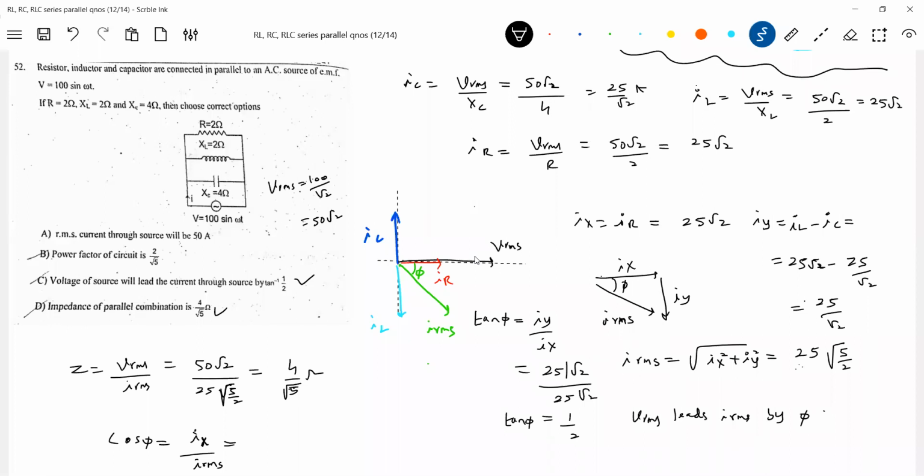So what is the value of Ix? Ix will be 25 root 2. IRMS value is 25 root 5 by 2.